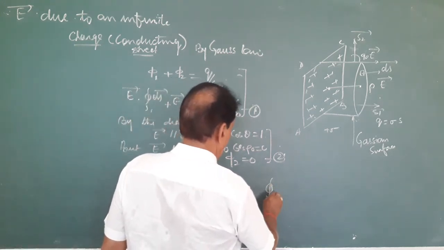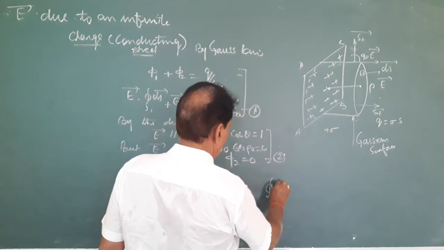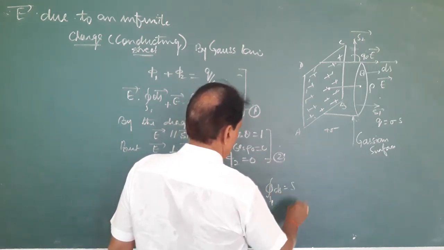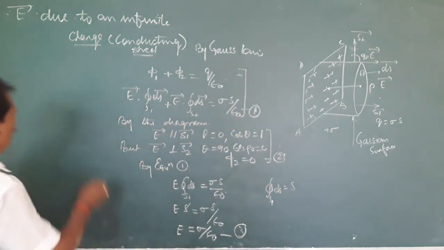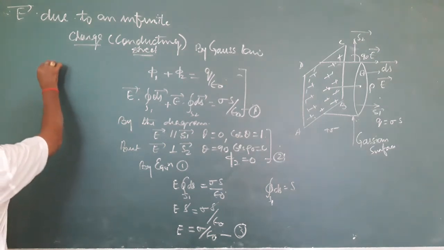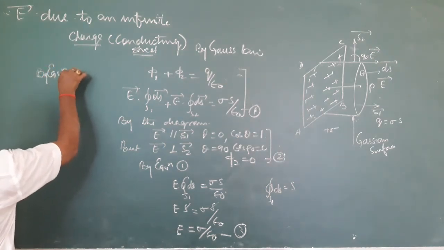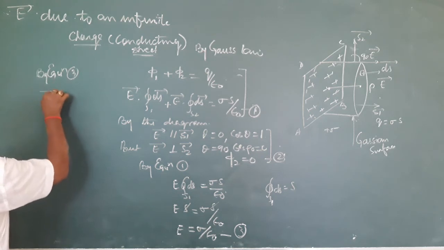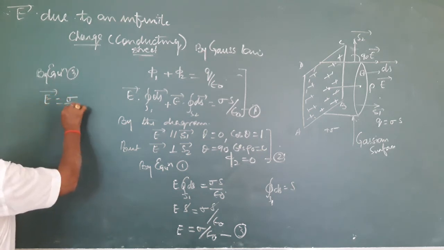Since the area S1 is S square meter, now by equation third, we can also write it in vector form, that is sigma by epsilon 0 n cap.